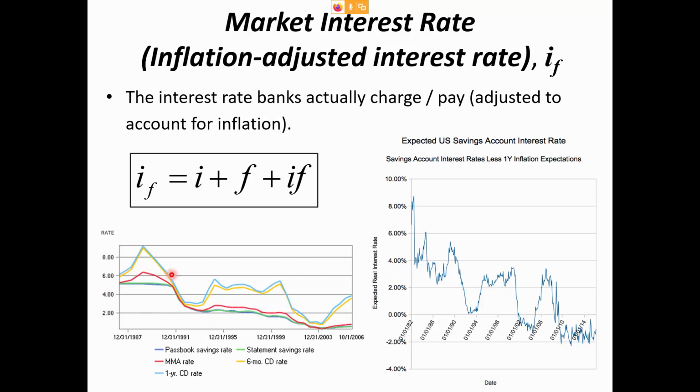If the market interest rate, which is shown in this figure, is below inflation, then the rate the bank is paying you can't keep up with inflation, so your money is actually becoming less valuable over time.